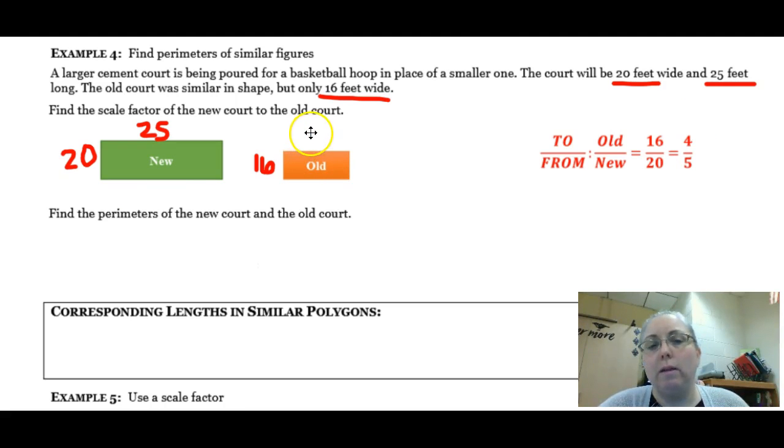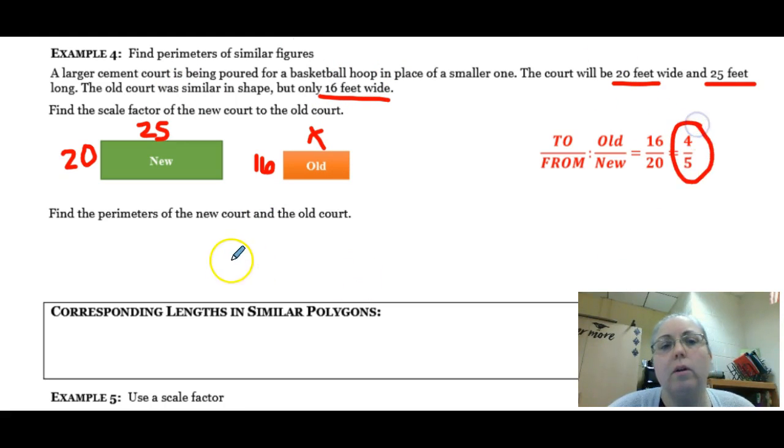Now, I could easily figure out what this value is, and then we could add it all up because it's a rectangle. But instead, I want us to use what we just learned about perimeters. So we are going to use this scale factor here to figure out the perimeter of our old court.